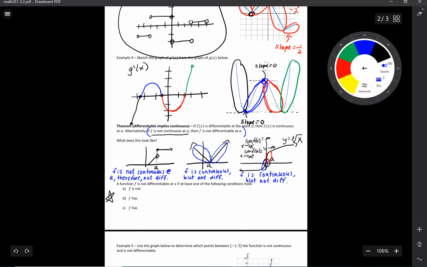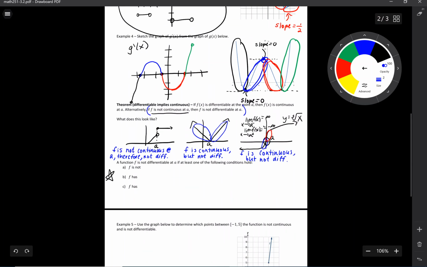So this leads to the question, when is a function not differentiable? Well, I'm so glad that you asked. A function f is not differentiable at a if at least one of the following conditions hold. F is not continuous at a. If f is not continuous, by this theorem, it's not differentiable.